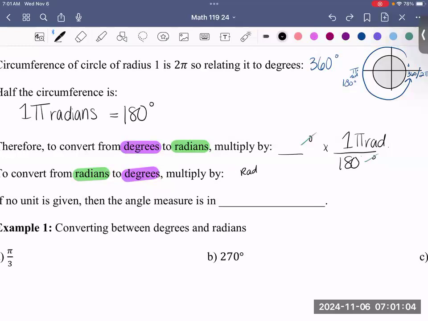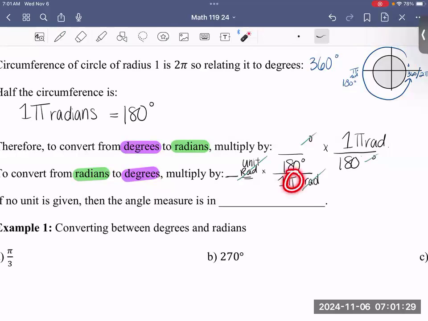It's the radian that I'm writing here that is the unit. So if I want the unit radian to cancel, I have to have my radians down below. You could write radian, you could write rad, meaning that we're going to take 1 pi radian on the bottom and 180 degrees on top. That'll allow us to cancel the radians.